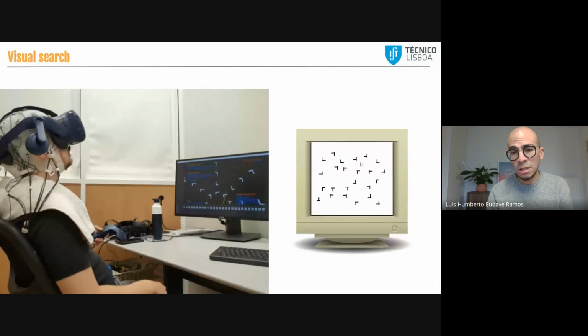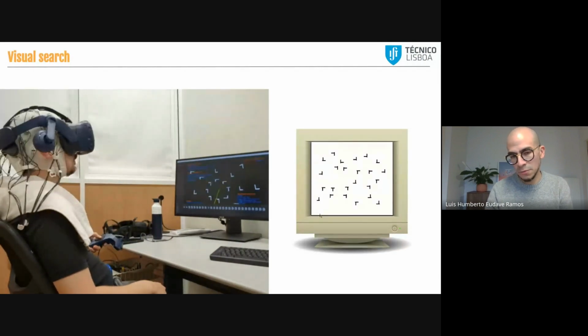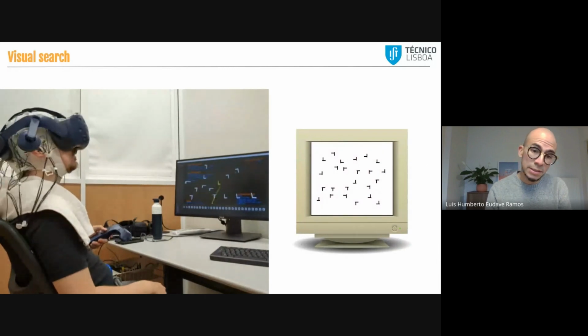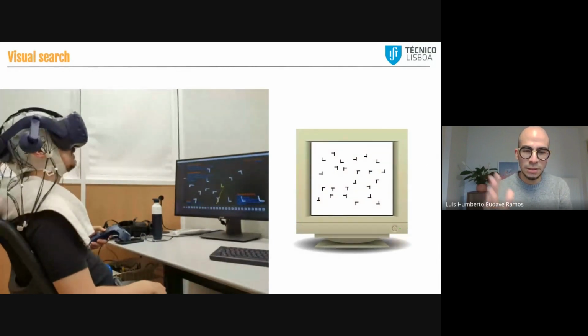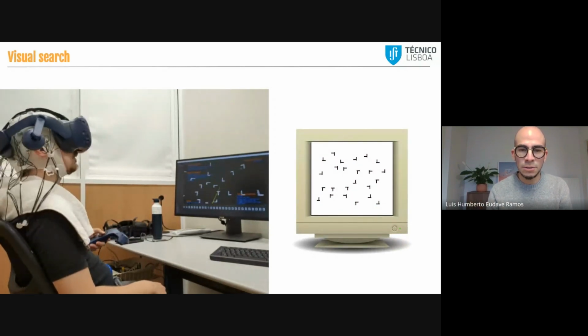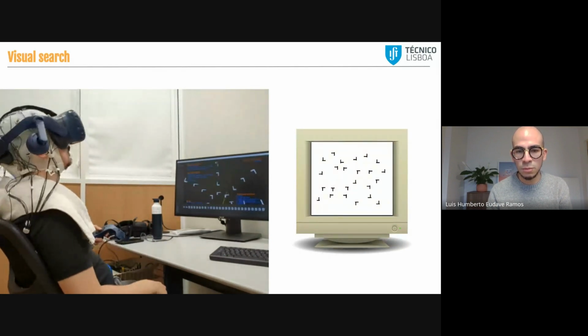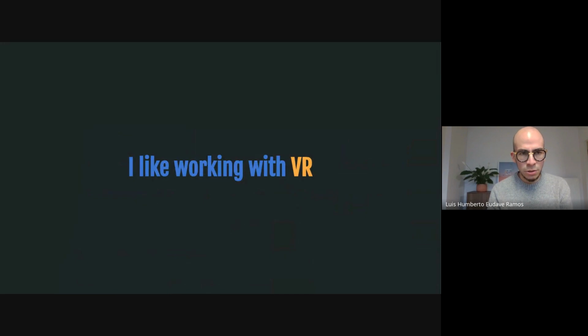This has traditionally been done on computer screens, or just on a piece of paper, and we are porting this into virtual reality because in the case of visual attention, we think it can give us more information, or at least a little bit more detail that can be useful in these explorations. So as you can see, I like working with VR. I've been doing it for a few years, and it's been at the center of my research line, which is very nice, and I really enjoy it.